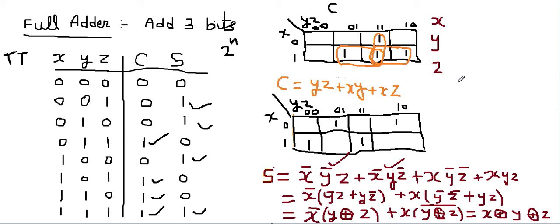So for the full adder, if I take C, we can see that y and z is nothing but your AND gate, because it's the dot operator between these two.